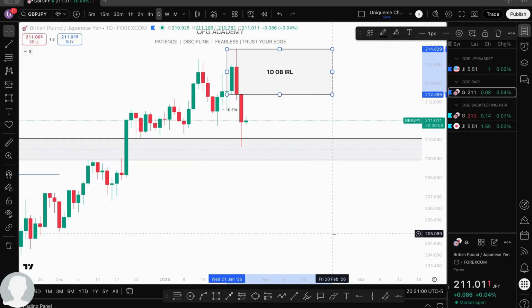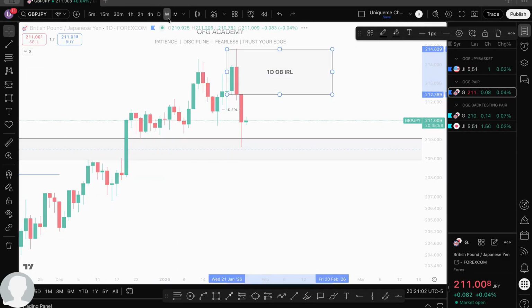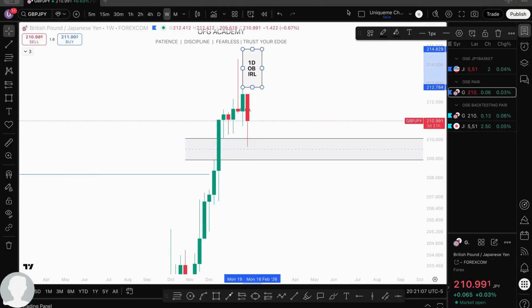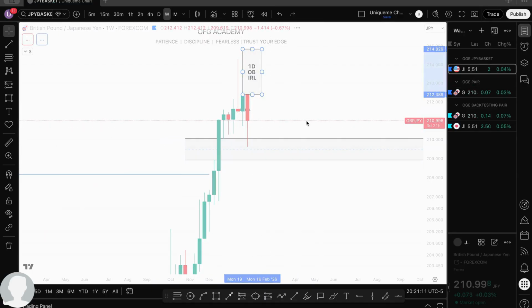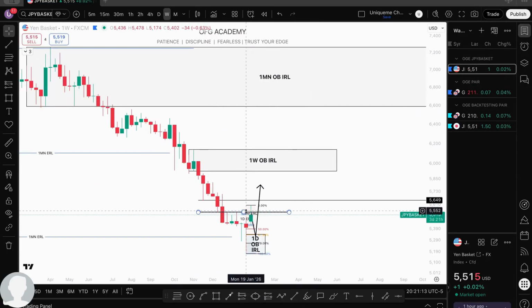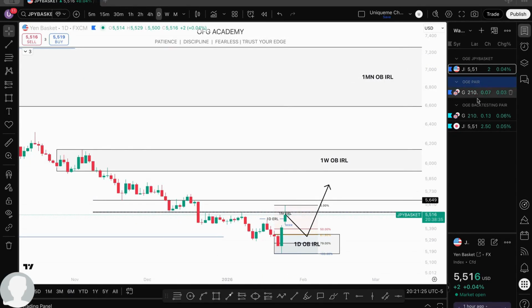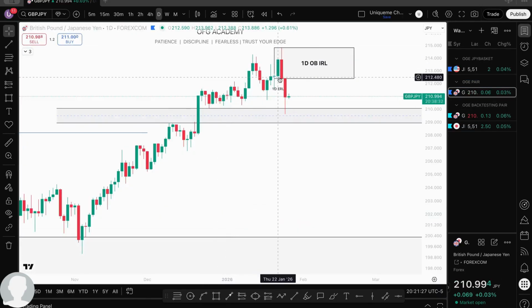So price has cleared out this liquidity as a draw on liquidity. Looking at the 1 week time frame, price has not created, this is just the low, but I'm looking at this entirely. This is like a draw on liquidity on the 1 week, and price has tapped a fair value gap. An internal range liquidity might go for an external range liquidity, but on the daily time frame, which I'm looking at, price has shifted structure, a swing point here.